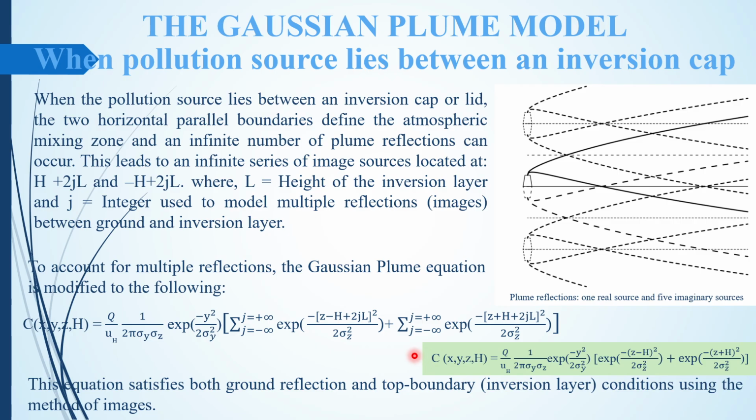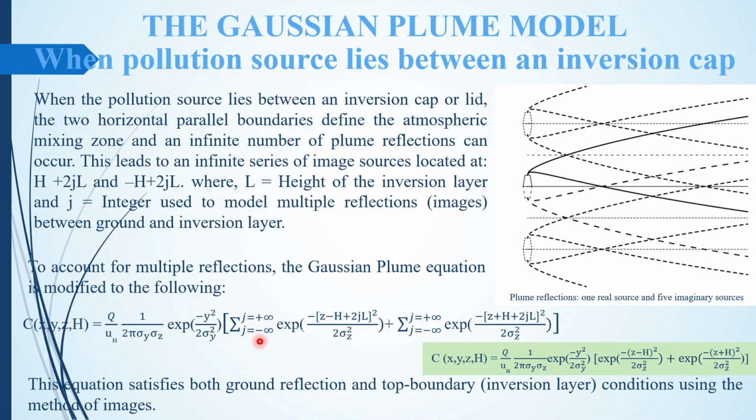So in this equation, if j is equal to 0, then this portion becomes 0 and this equation will arise. So if j is equal to 0, then only the ground reflection is taken.